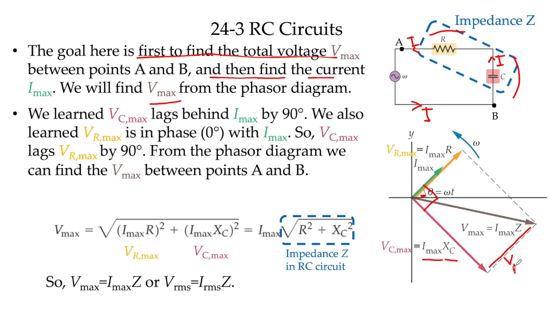This is VR max. I'm going to put just M. So if you look at this triangle, if you want to find the hypotenuse, which is the maximum value of the voltage between A and B, you are going to do VR maximum squared plus VC maximum squared, square root. And in fact, that's what we are doing here.